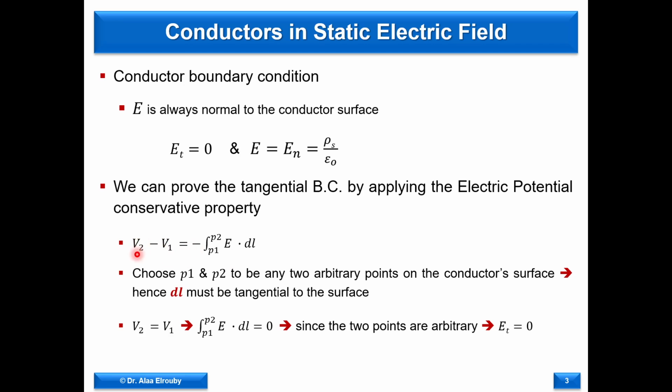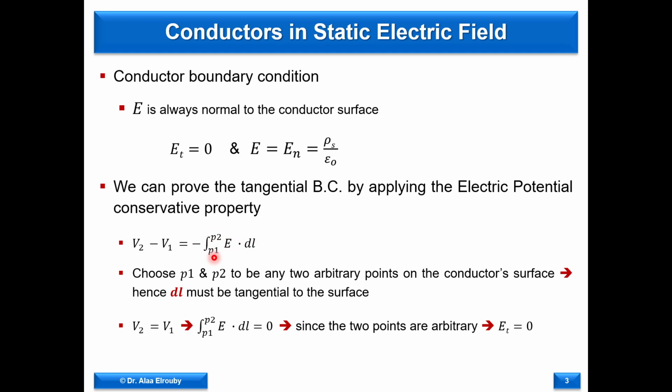We know that if we choose any arbitrary points, B1 and B2, on the boundary between air and the conductor, and we calculate the electric potential difference between point 2 and point 1, V2 minus V1 will equal this expression.